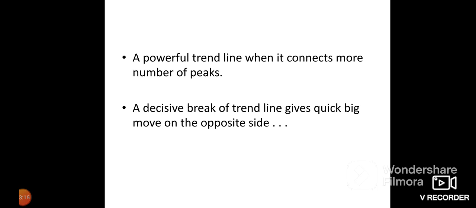The more times the peaks touch the trend line, the more powerful it is. And when it decisively breaks the trend line, it gives a big move on the opposite side, as you have seen in the previous 2 slides, whenever it crosses the trend line after touching 3 or 4 price peaks, it definitely gives a very big move on the opposite side.